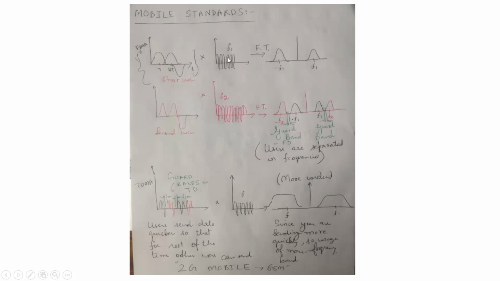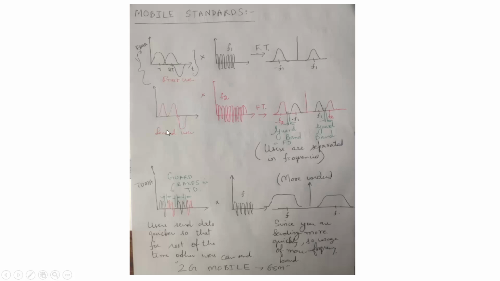So when the high frequency carrier is multiplied by this waveform, if you take the Fourier transform, the spectrum pulses will be centered at f1 and minus f1. So this is the frequency spectrum that we will obtain after taking the Fourier transform when you multiply the carrier frequency with these Gaussian pulses.